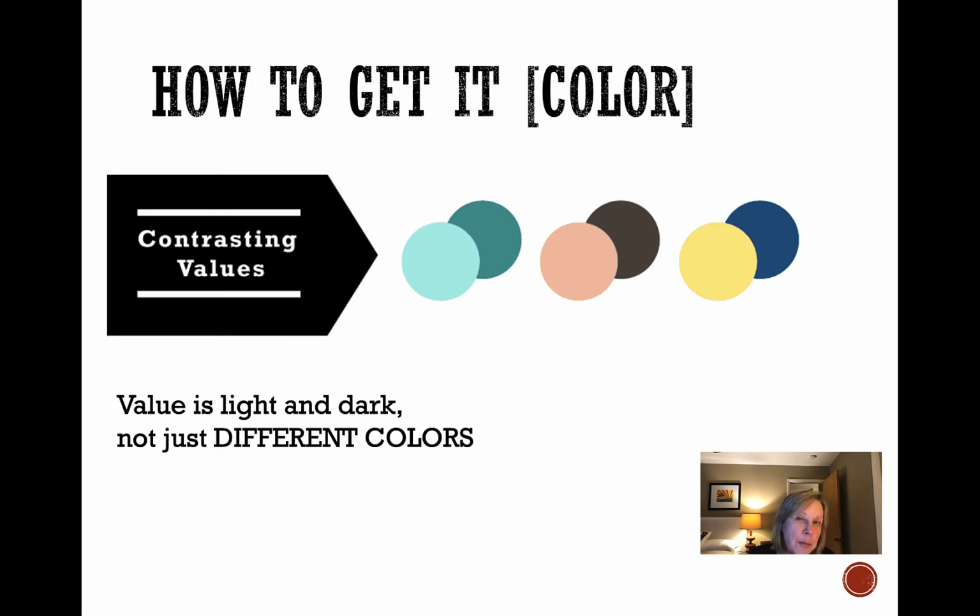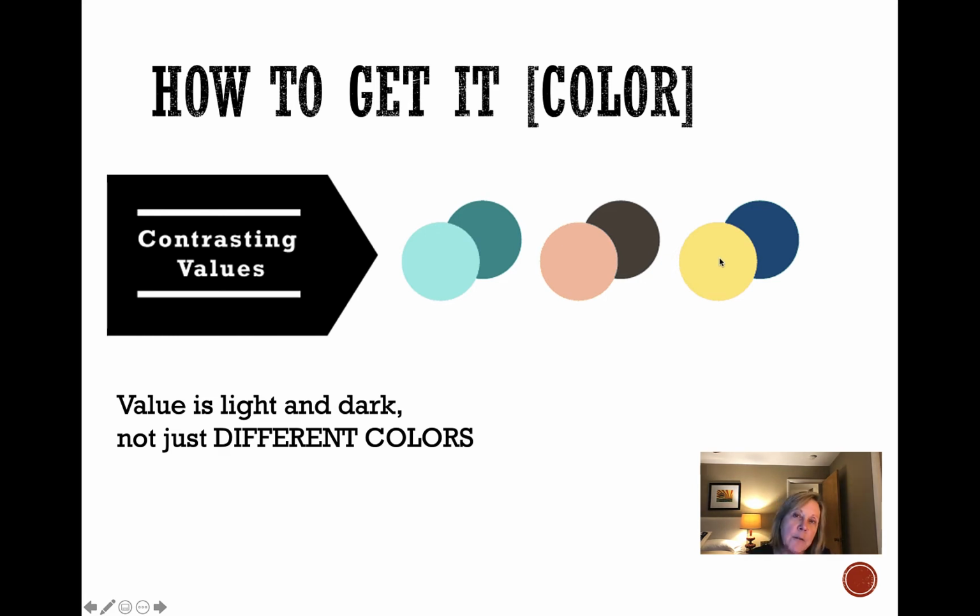What would happen is these lower value colors would get darker. They would look black or closer to black on the black and white color copier. These would look closer to white.